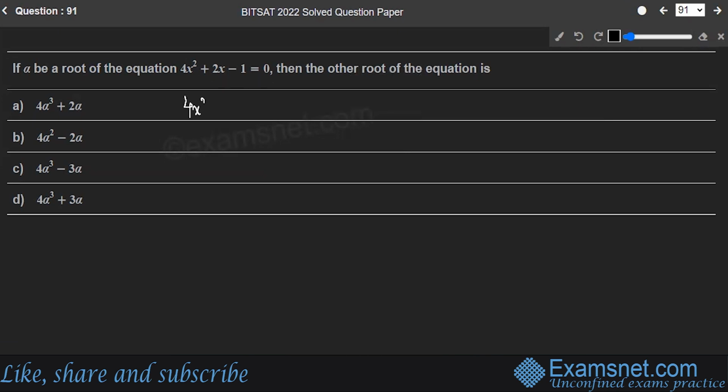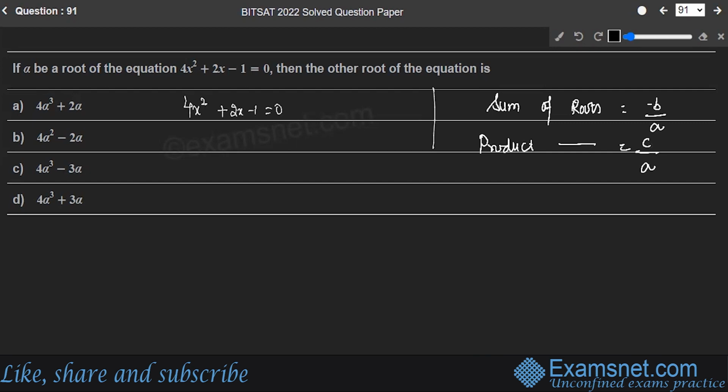You have the equation 4x squared plus 2x minus 1 equal to 0. You know some of the formulas. The sum of the roots is given by minus the coefficient of x upon the coefficient of x square, and the product of the roots is given by c upon a, that is the constant part upon the coefficient of x square.